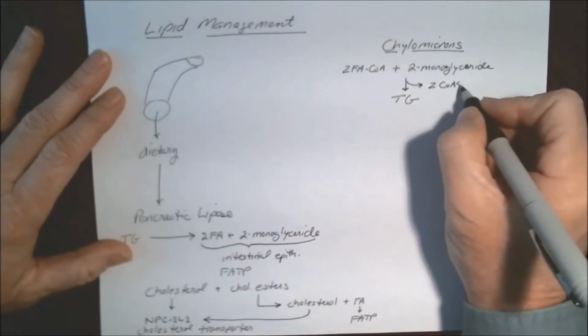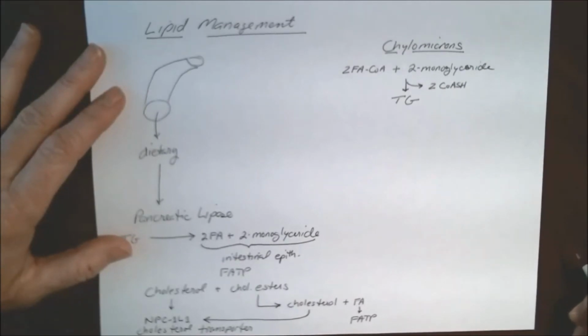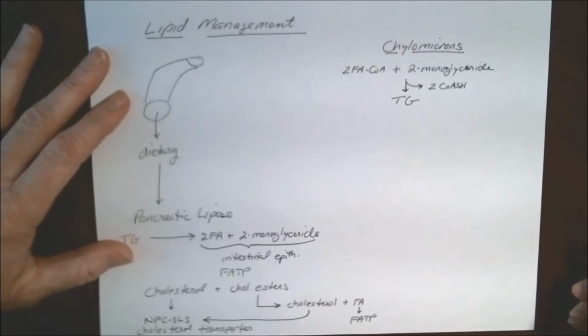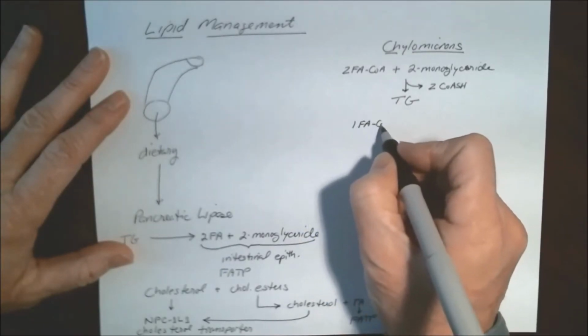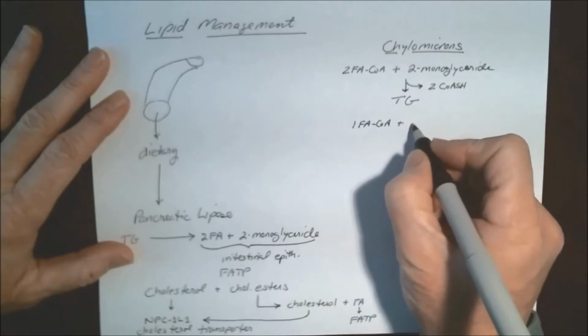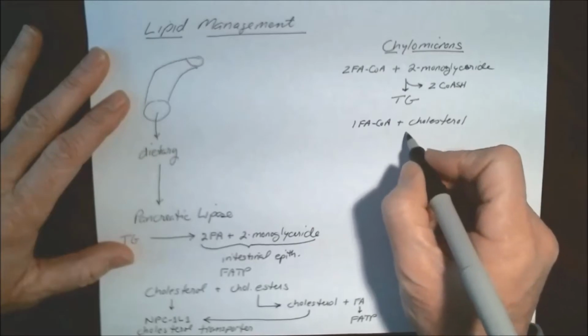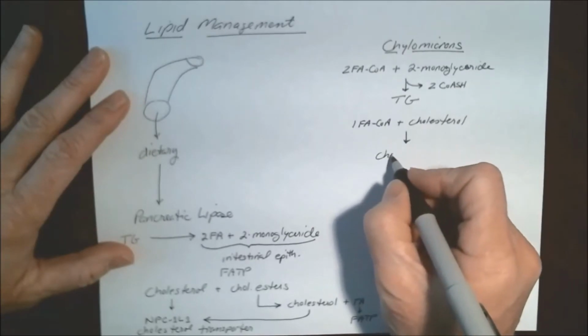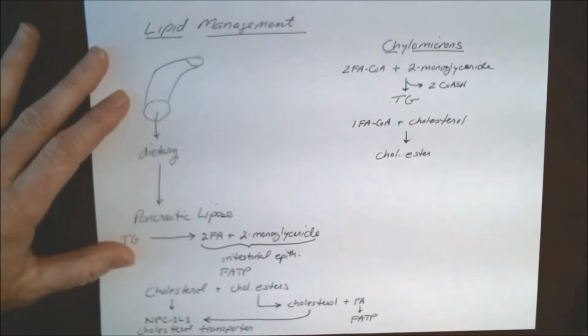Our 2 coenzyme A's, of course, are released in this reaction, and we generate our triglyceride. The next is to take a fatty acyl-CoA group, add this to cholesterol, and we are going to construct our cholesterol ester structure.